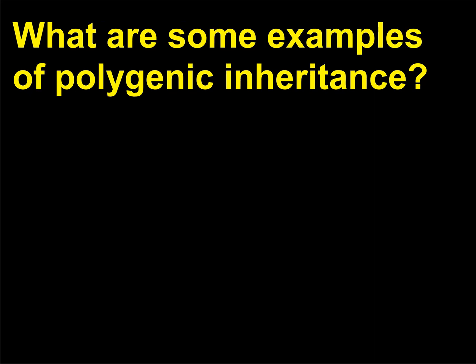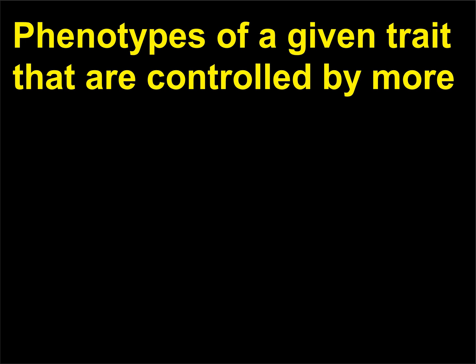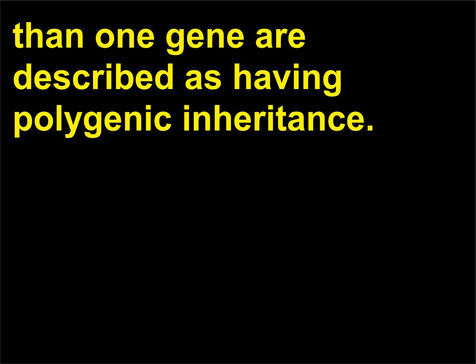What are some examples of polygenic inheritance? Phenotypes of a given trait that are controlled by more than one gene are described as having polygenic inheritance.